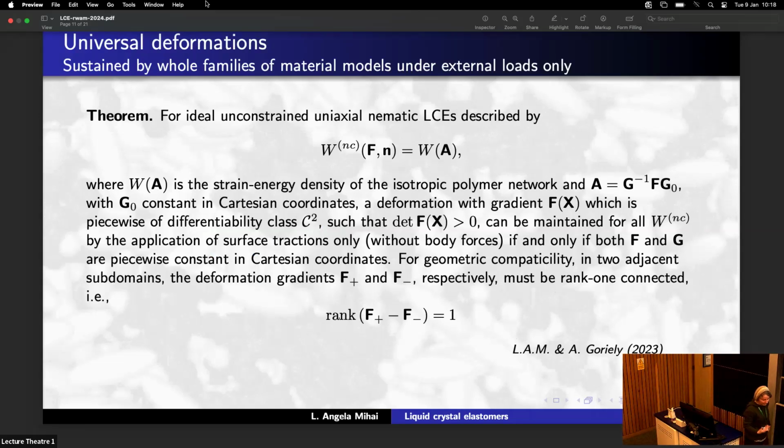So we have these deformations, and for some of them we can compute an exact solution. For others, we need numerical methods. And the question is, what are those deformations which we expect to be found in a class of materials, or rather material models?